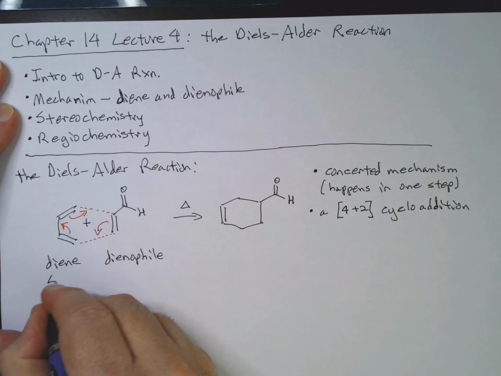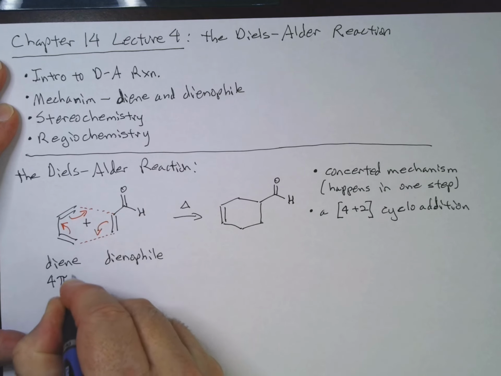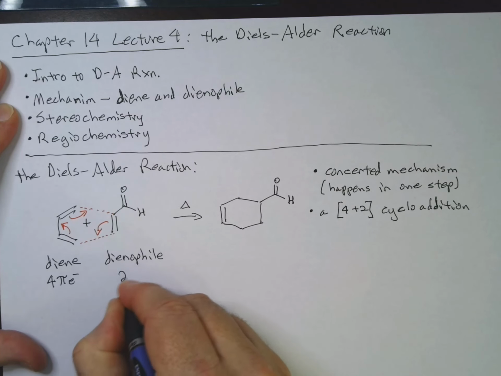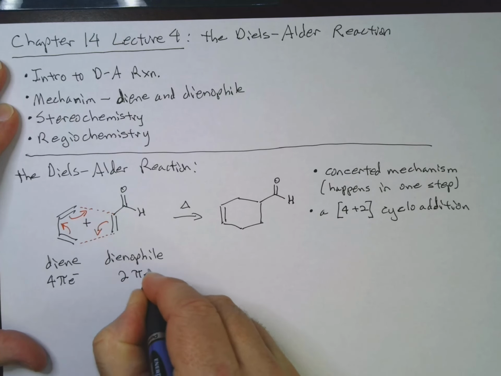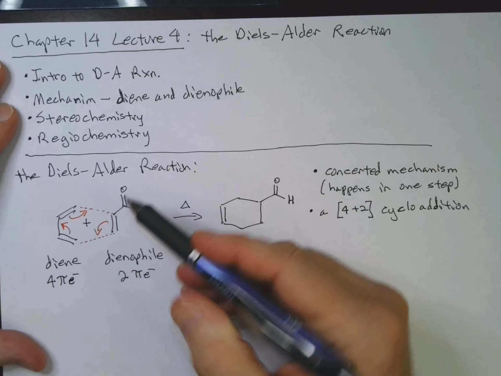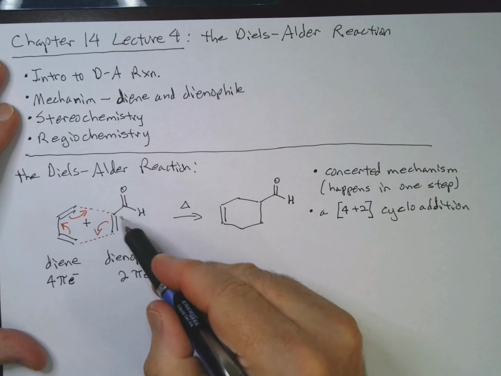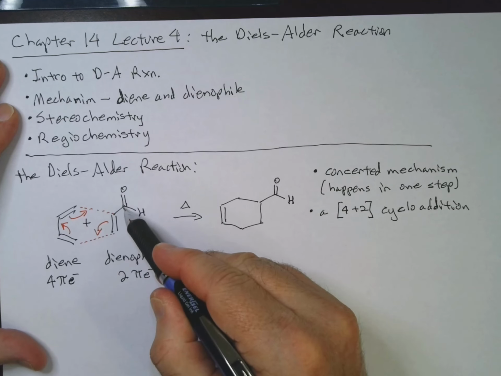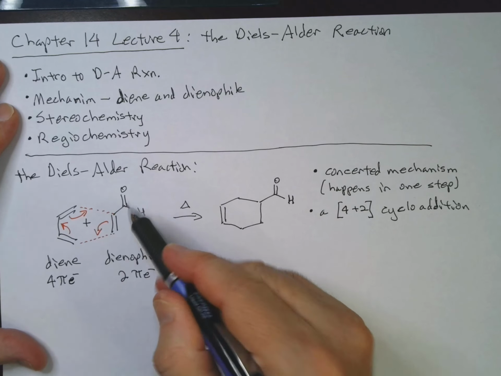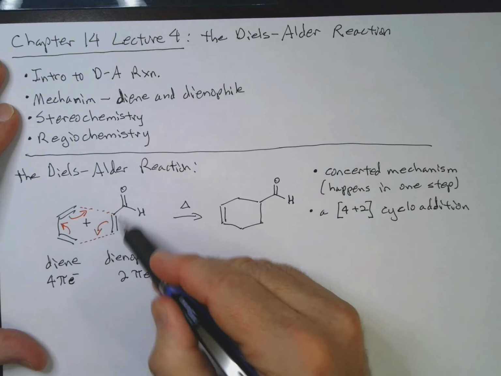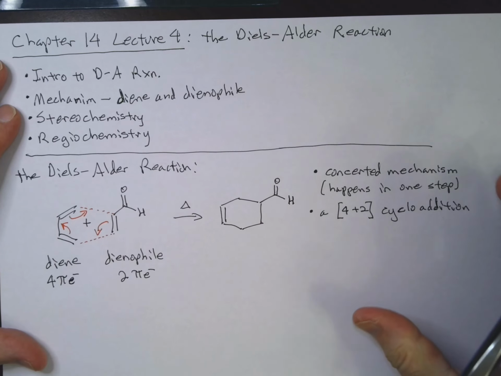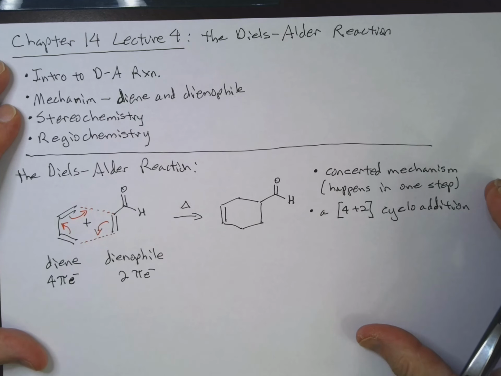The diene has 4 pi electrons, and the dienophile has 2 pi electrons. Now I know you're saying to yourself, wait a minute, I've got a C=O double bond, those are pi electrons. Well, those are not participating in this part of the reaction. It is important, though, that we have something that is electron withdrawing, such as a carbonyl group, attached to the dienophile, or else the reaction won't go.